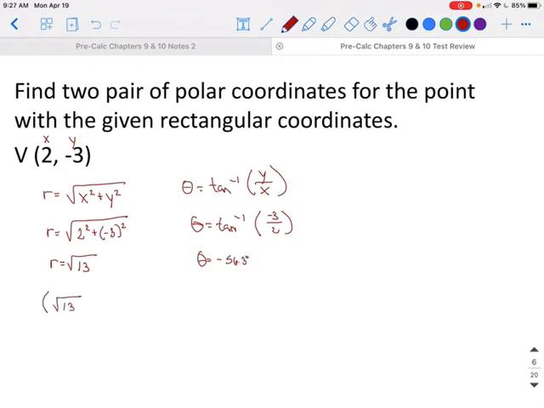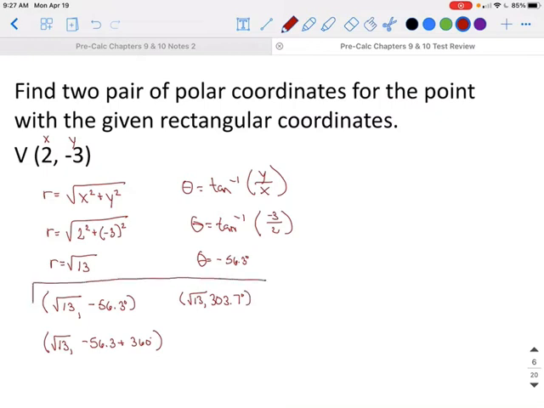So our ordered pair can be radical 13 and negative 56.3 degrees, but it tells us to find two ordered pairs. So again, remember, you can add or subtract 360 if you leave the r value alone. And the other point that we could get would be radical 13 and 303.7 degrees.